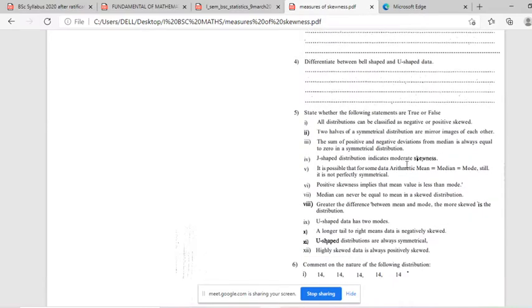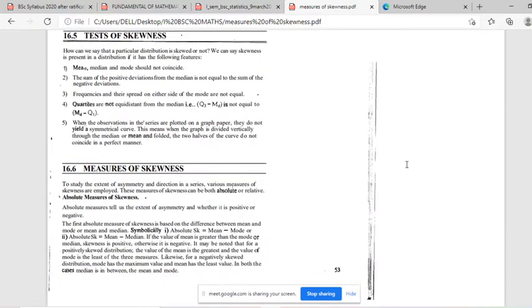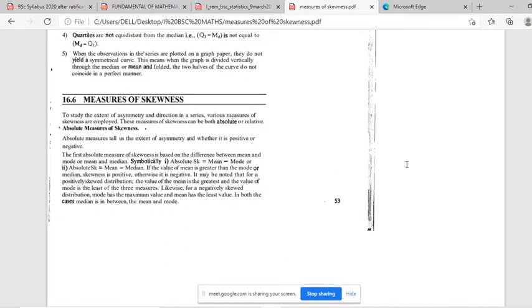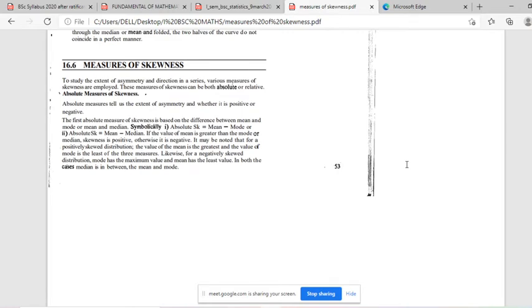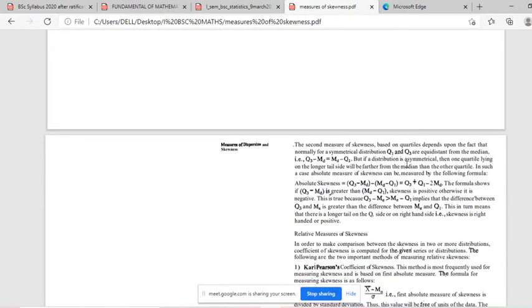Now we consider some measures of skewness. We have already discussed the measure based on moments, and now we have to discuss the measure based on quartiles.